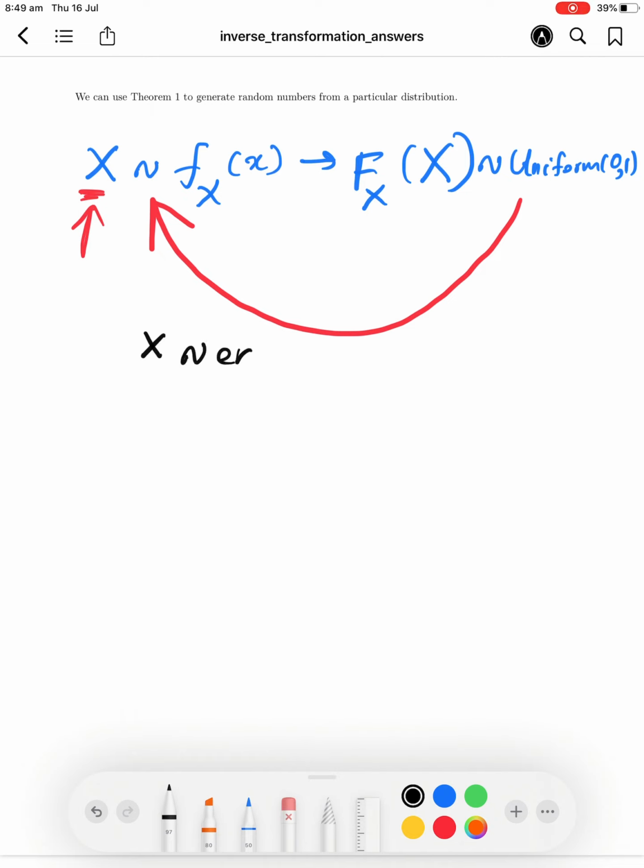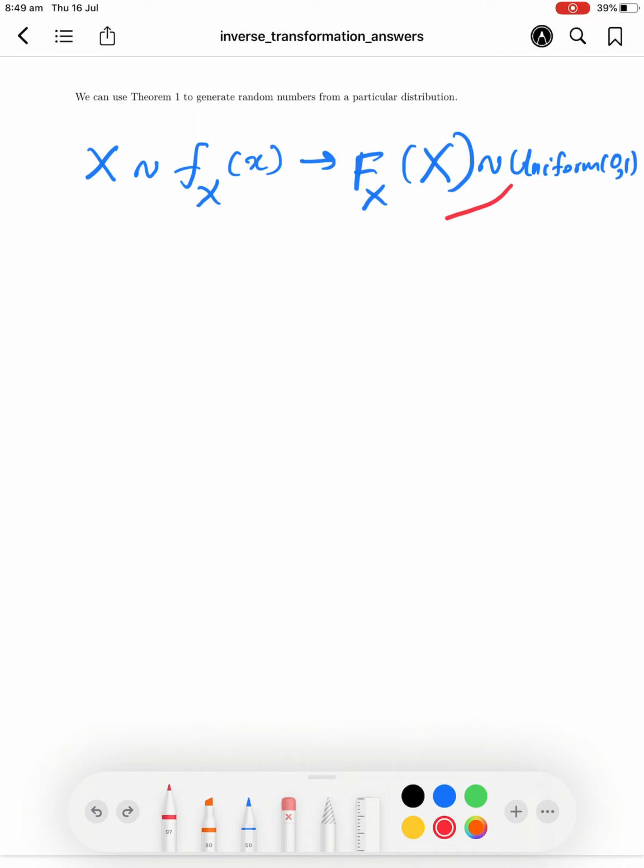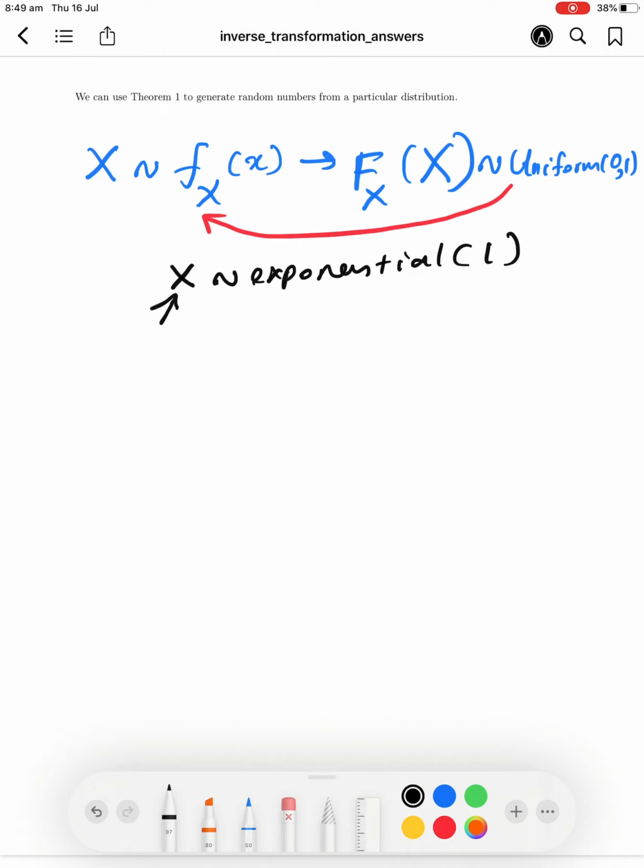Suppose X follows an exponential distribution with parameter 1. Now we want to generate random numbers from X using the inverse transform method.